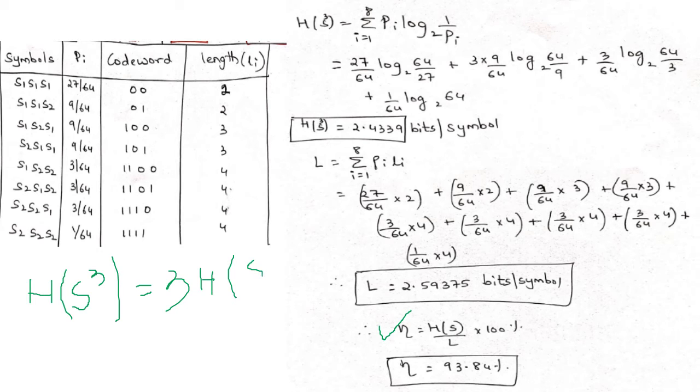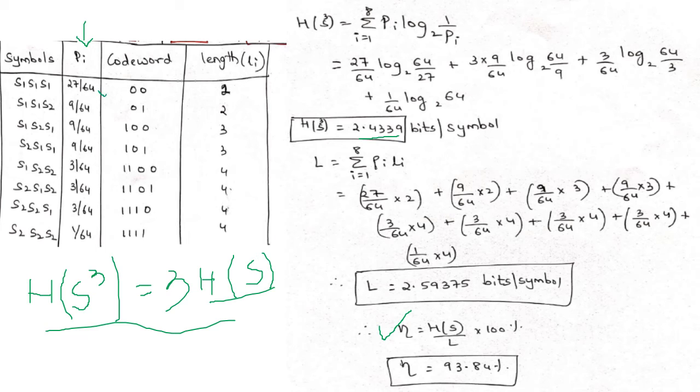We have already computed the first order entropy in the previous slides. Substitute first order entropy, multiply it by 3, and we'll obtain the entropy for third order extension, which is 2.433. Or using this table, using the probability values, we can compute what is the entropy.